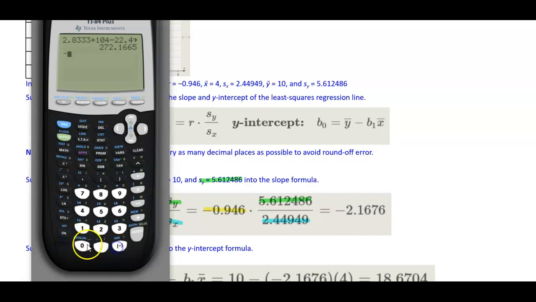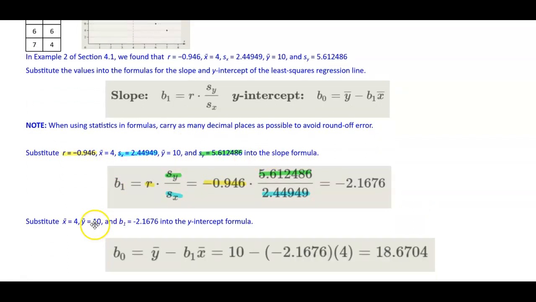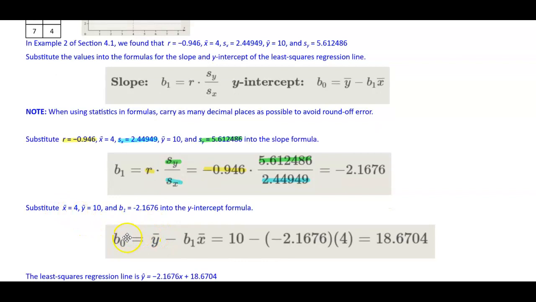So we take negative 0.946, multiply it by 5.612486, and then divide by the denominator 2.44949. And then we get negative 2.1676 when we round it to 4 decimal places. Okay, so that gives us the slope. Next, we now want to substitute these values for the y-intercept.